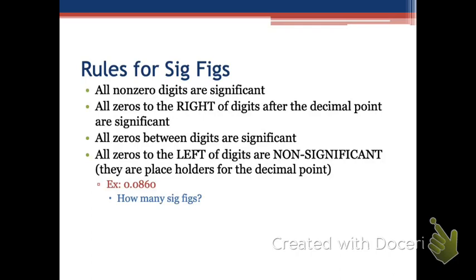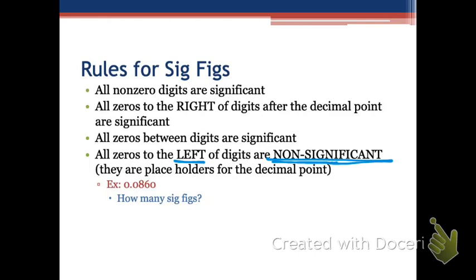Zeros to the left of digits, before they start, are non-significant. They are what we consider placeholders. Let me show you why.